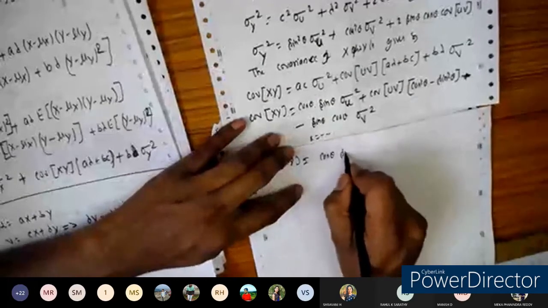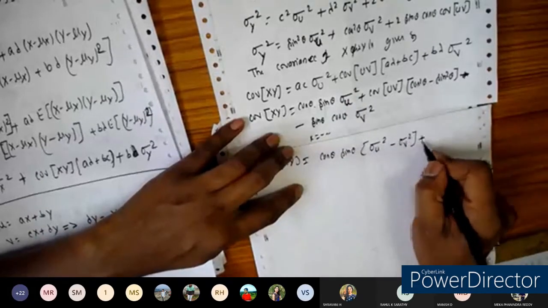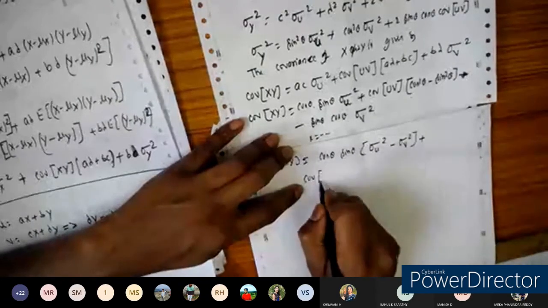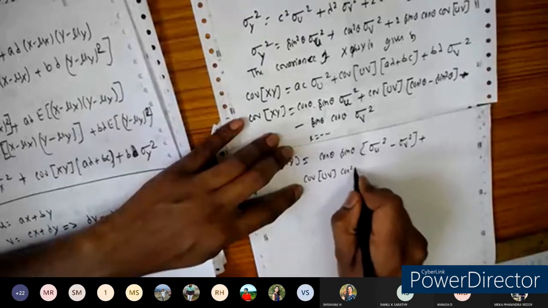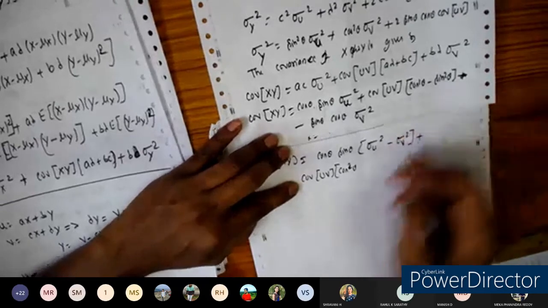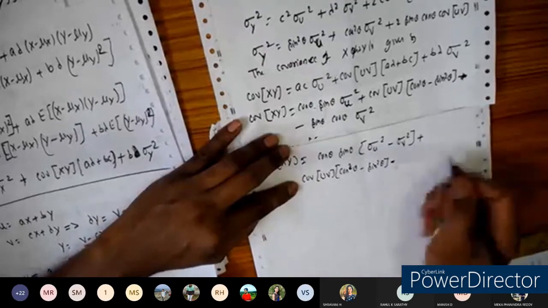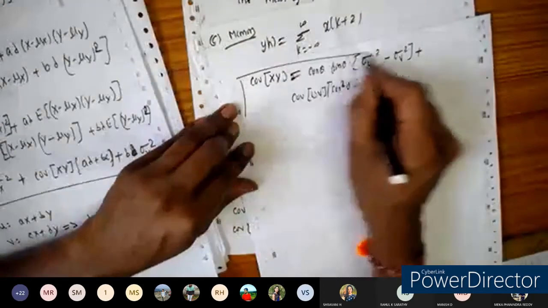So it will become cos theta sin theta times sigma u square minus sigma v square, plus the covariance of u and v times cos square theta minus sin square theta. Okay, so this is the covariance of the random variables x and y that we get here.